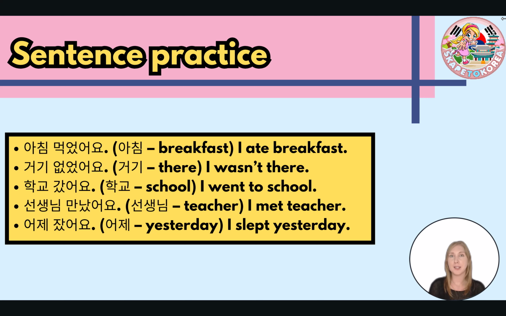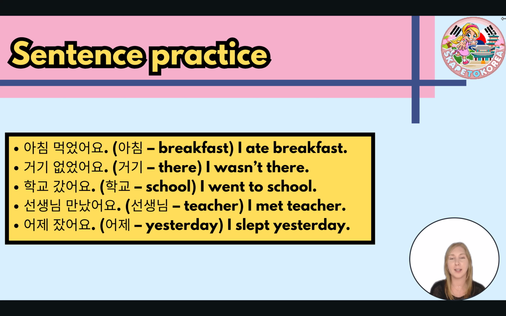Now, did you notice that we're missing something here? We're missing 저, right? I. So all the English translations have I ate breakfast, I wasn't there, I went to school, but 저 is missing from the Korean sentences, right? So there is actually a reason why I do this, because 저 is dropped so many times, especially in conversation, in speaking.